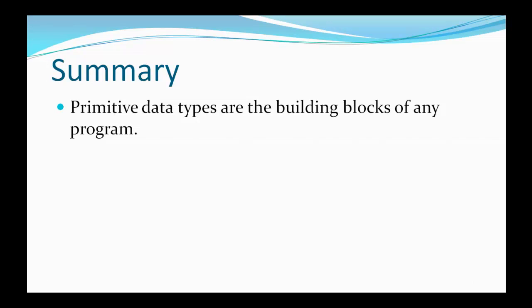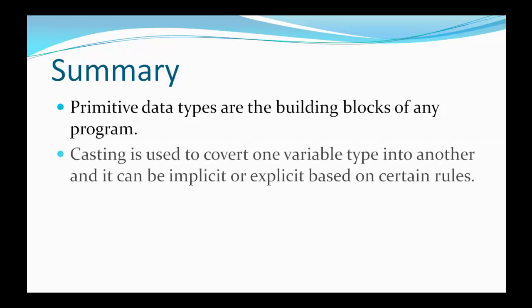In this tutorial we have learned that primitive data types are the building blocks of any programming language. Casting is used to convert one variable type into another, and it can be implicit or explicit based on certain rules. We have discussed the operations on strings as well.